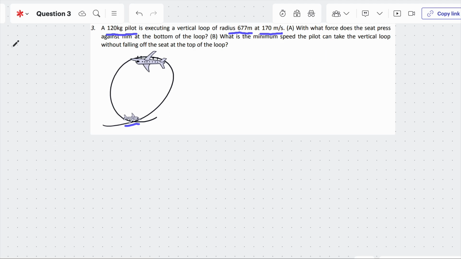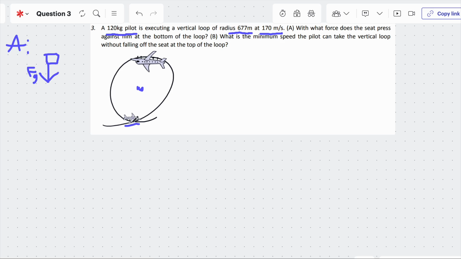So we'll want to start with part A with our free body diagram. It's going to be our square again. So at the bottom here, we'll have gravity pulling down. Since he's going in a circle, we'll have our centripetal force. And remember, that pulls away from the center of the circle.